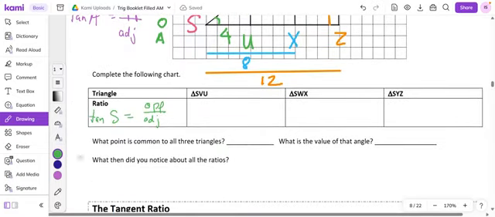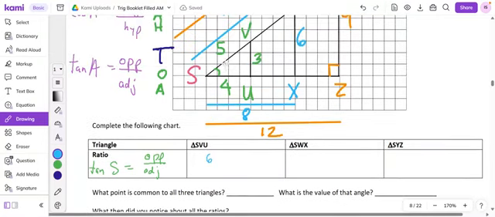Okay, so for the blue triangle, we're going to have opposite is 6. Remember, opposite is across from the angle that we're talking about. So if we're talking about angle S, the opposite one is across. So it's 3 over 4.